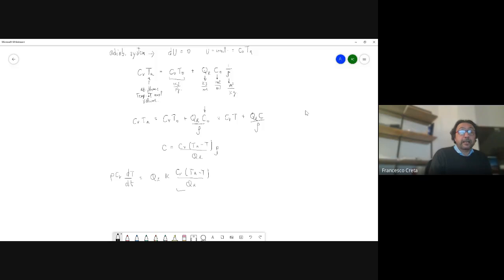So that's my original C times rho, and then an exponential. So you have a bunch of things that actually now go away, CV, and so on. And even QR.